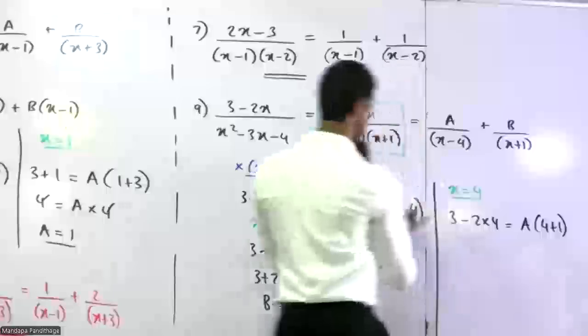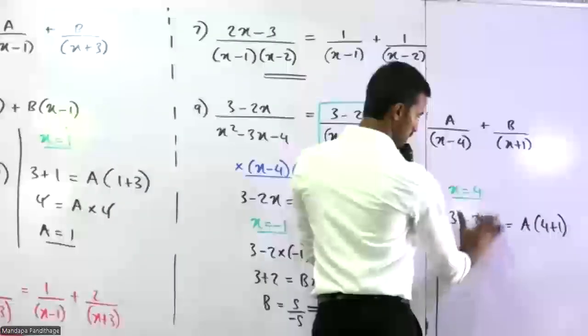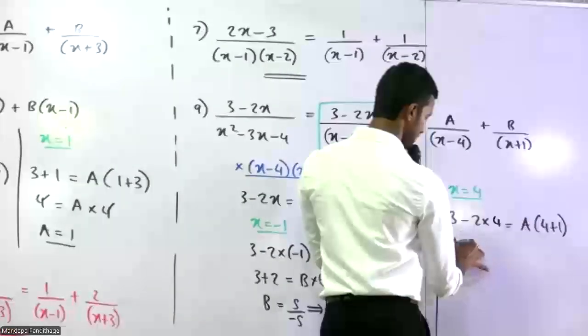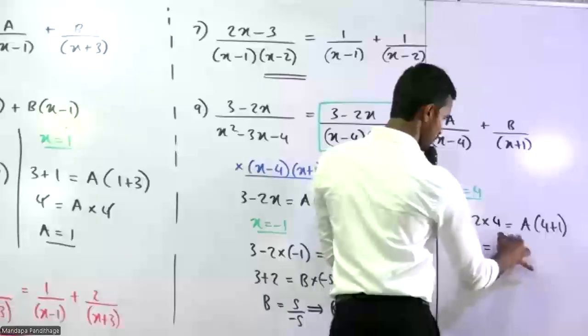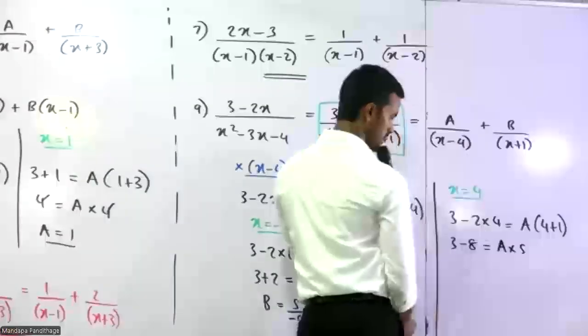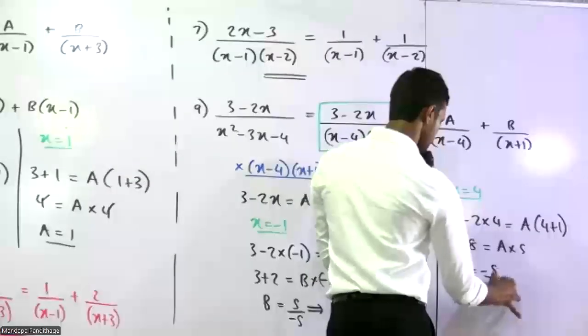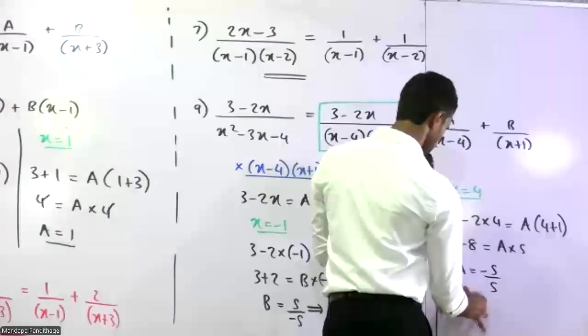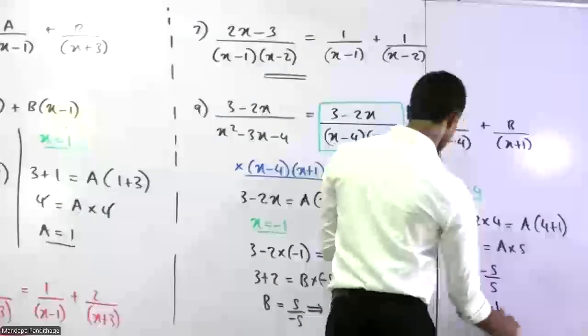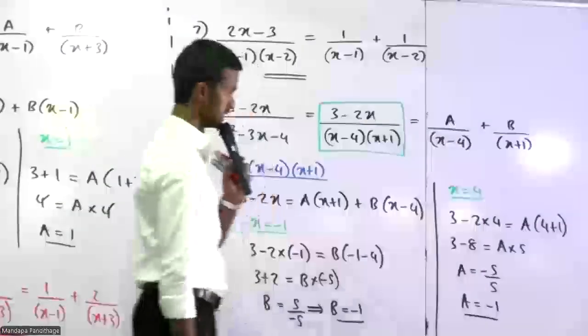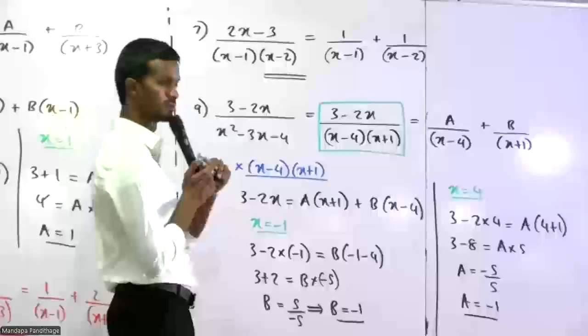You don't have to write this one, it becomes 0, no? So here it's 3 minus 8 is equal to a into 5. So here it's a is equal to minus 5 divided by 5. So you get both minus 1, no? So both a and b is -1.